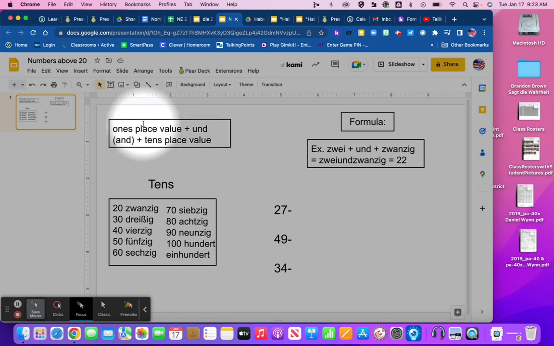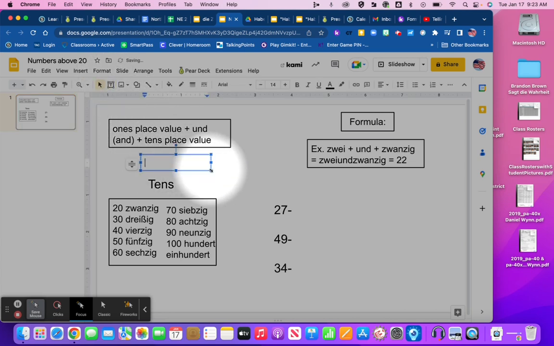So the ones place value coming first is very different from English, because in English, as you know, we write the tens place value first, as in 22. We have the tens place value 20, the ones place value 2 after, and we put a hyphen in between. We don't put the word and in between. We don't say 20 and 2.